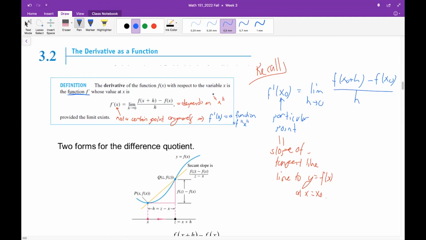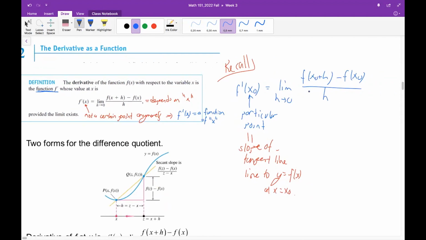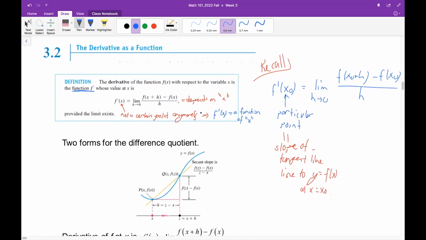But here, if you insert a certain point for x, for example, x0, you will find a real number, which gives you the slope of the tangent line. But in here, this is the more general case where we give the formal definition of the first derivative function, okay? So this is something important. In fact, the formal definition of the first derivative function.